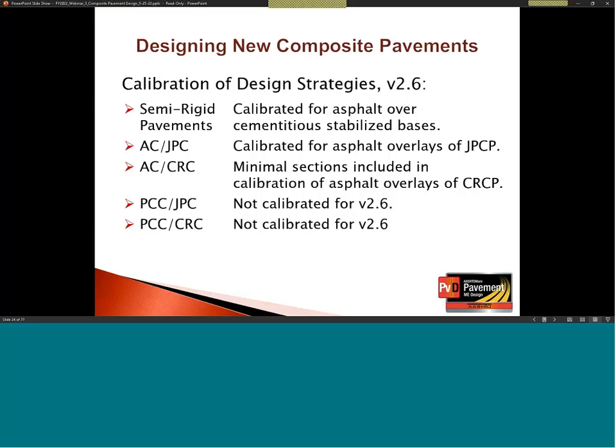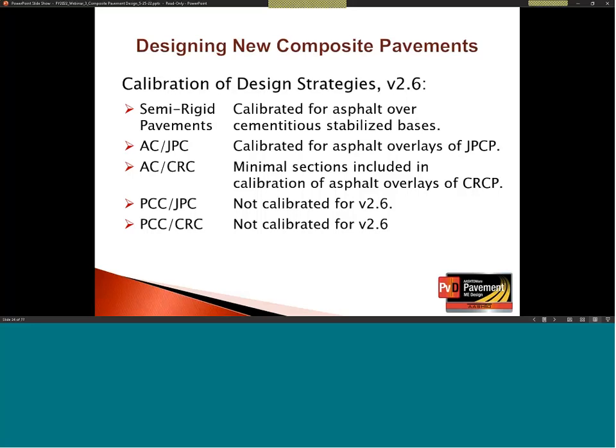But the calibration factors that should be used would come from the calibration of asphalt overlays of CRCP for the CRC new composite pavements, and the calibration factors for JPCP for the new composite pavement JPCP design strategy.